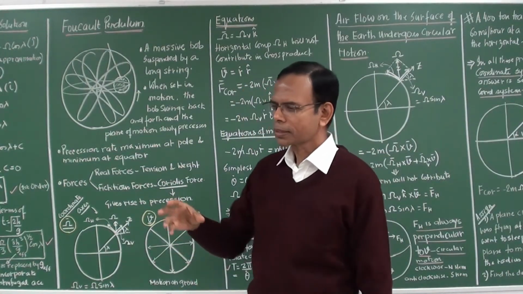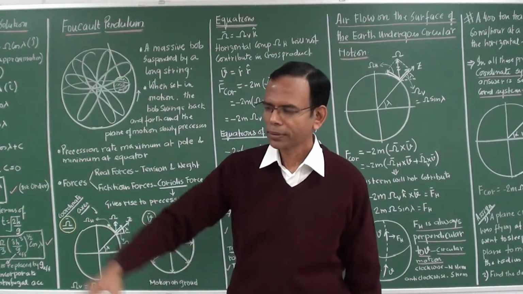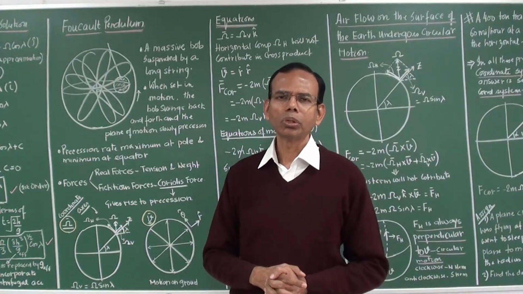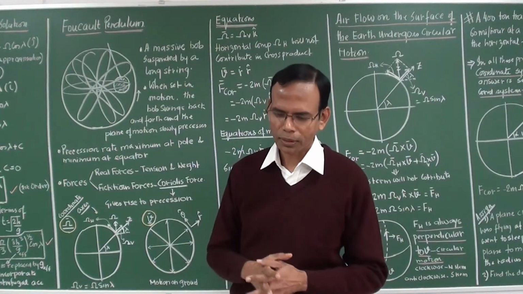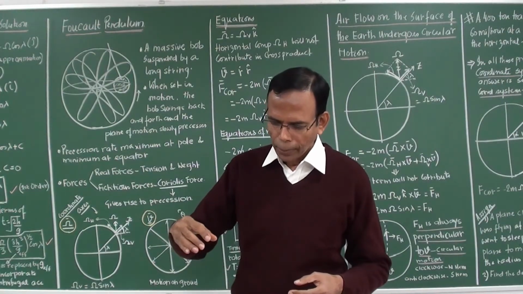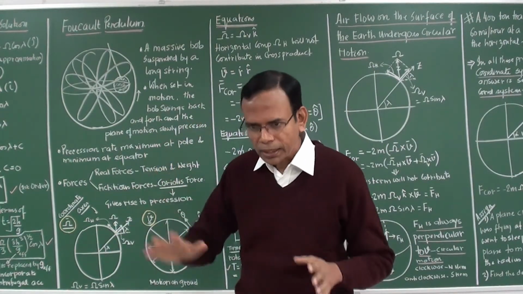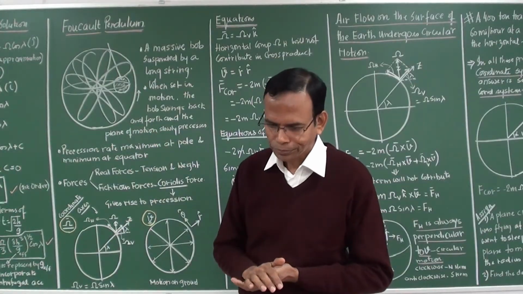So what happens when the bob oscillates like this is that a Coriolis force arises because of the rotation of the earth. Again, it is a horizontal movement. This is particularly the horizontal movement we are studying now. The other one was the vertical movement.